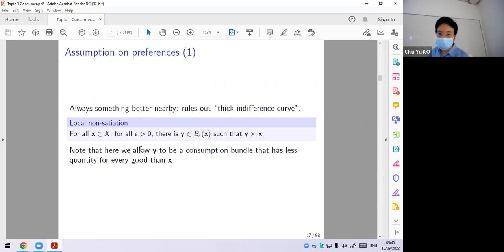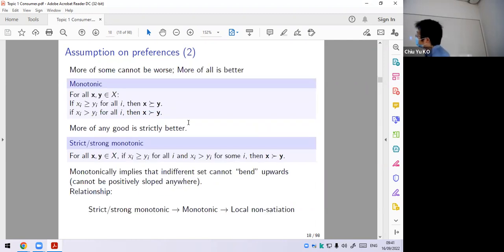So that's why we study some properties of preference, and we will know what they mean in the utility. Okay. So here we have local satiation, right? Just like there's always something good nearby. And in some sense, if you talk about utility, there's no local maximum in the utility function, right? If there's a local maximum, then you violate this idea, right? And we have monotonicity, right?